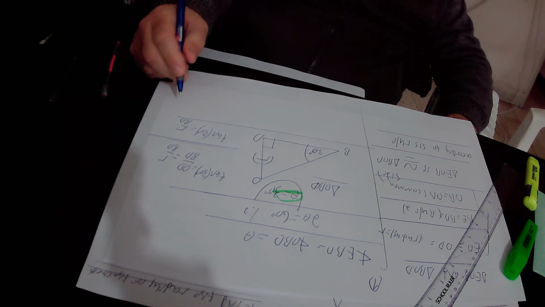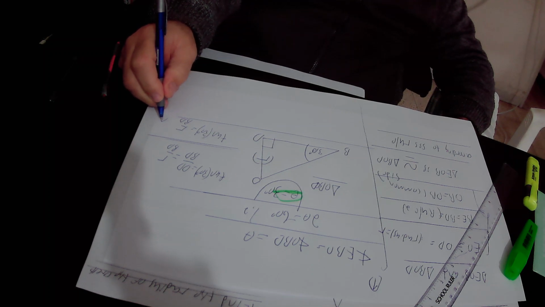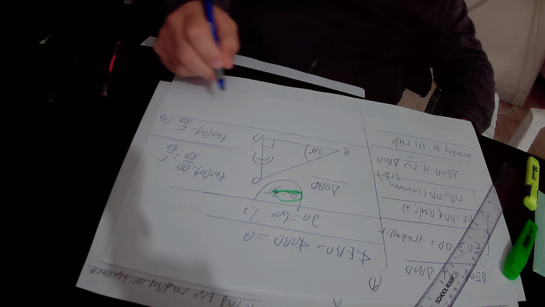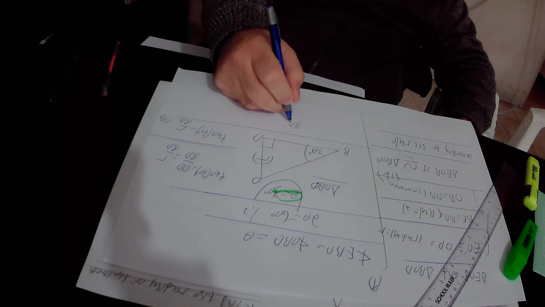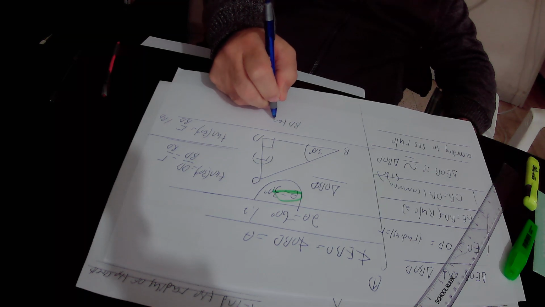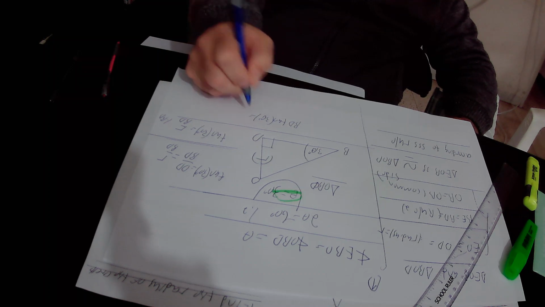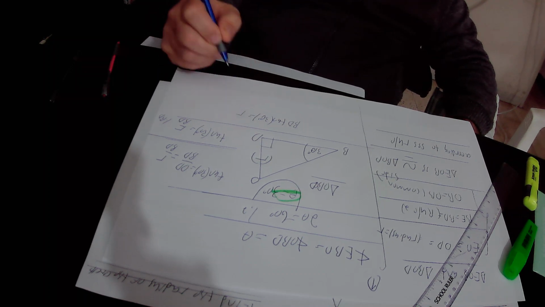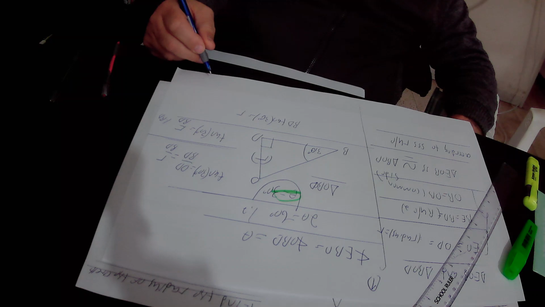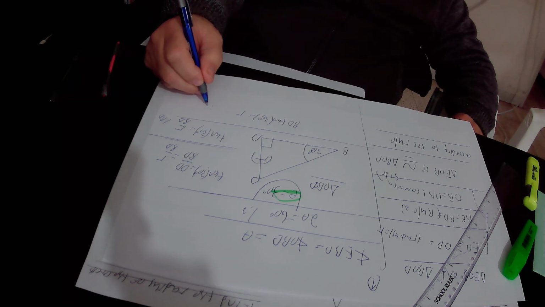Here we multiply this equation by BD and we get that BD times tangent 30 degrees equals R. Here we divide this equation by tangent 30 degrees.